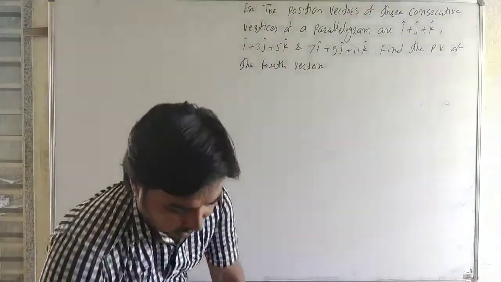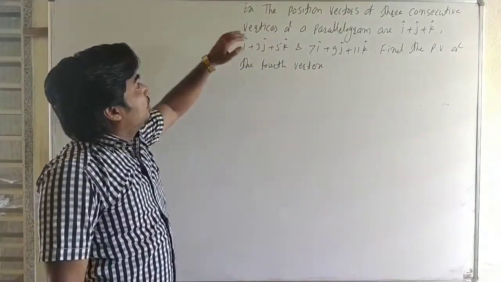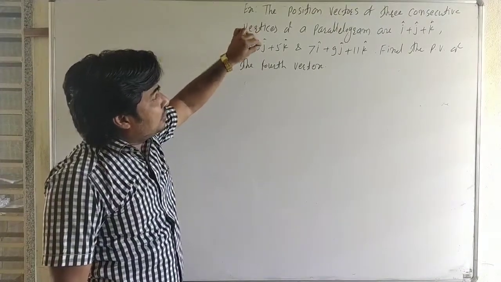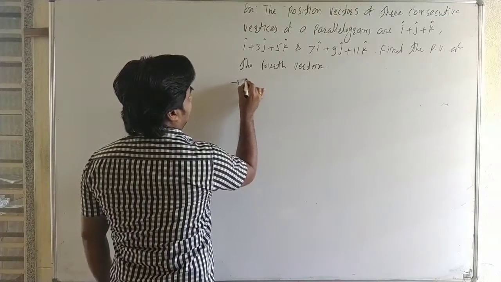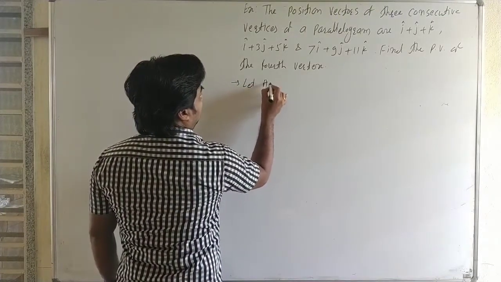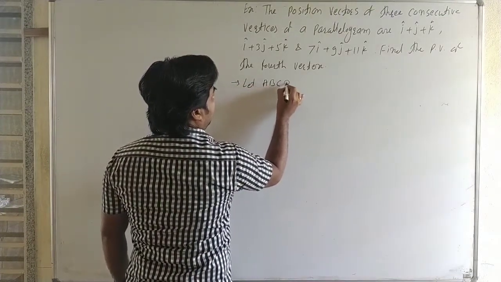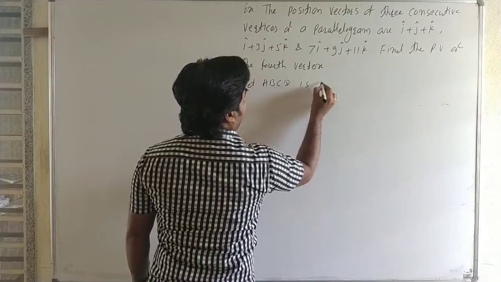Okay, now here we have been given the three consecutive vertices of the parallelogram. Here we first consider the parallelogram. Let ABCD be a parallelogram.